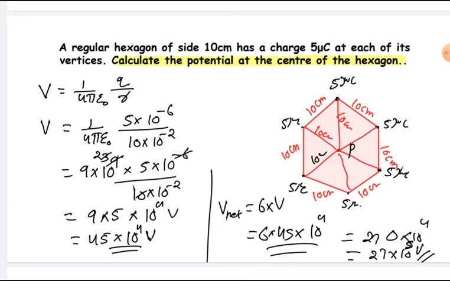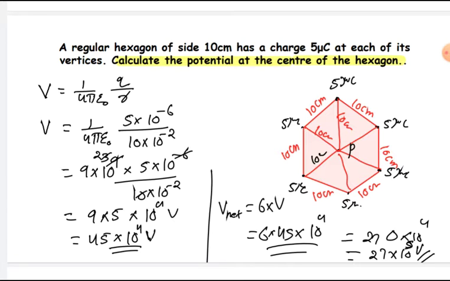In order to find potential, we have to learn a formula, that is V is equal to 1 by 4 pi epsilon 0 into q by r. Here each side measures 10 centimeter and the charge is 5 microcoulomb. 5 microcoulomb can be written as 5 into 10 raised to minus 6, and 10 centimeter can be written as 10 into 10 raised to minus 2 meter.